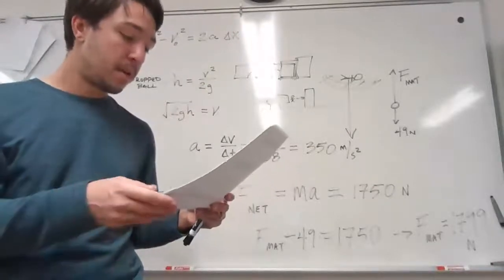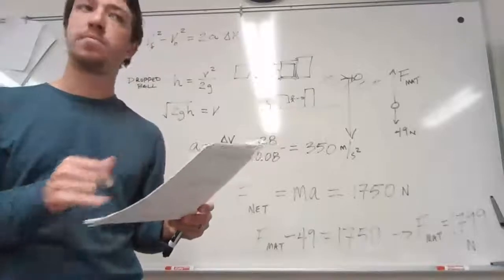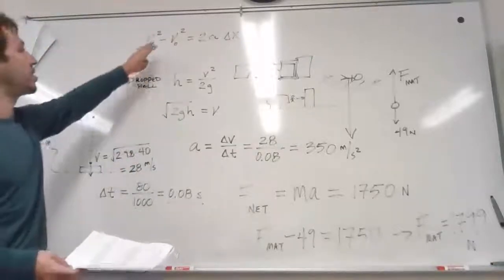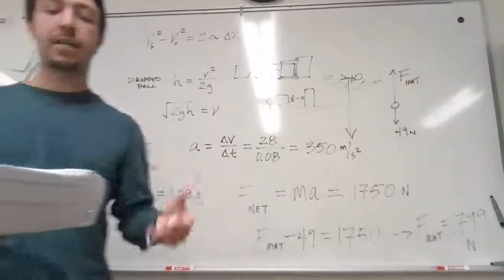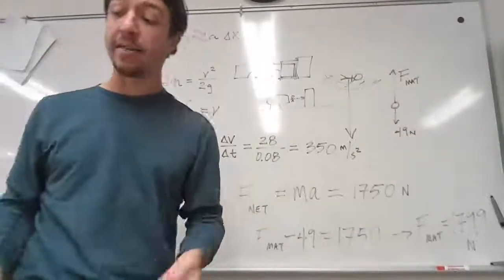And they also tell us the time. So when they tell you the time, you probably don't need the time-independent equation. This one might be more akin to 26 or 25.